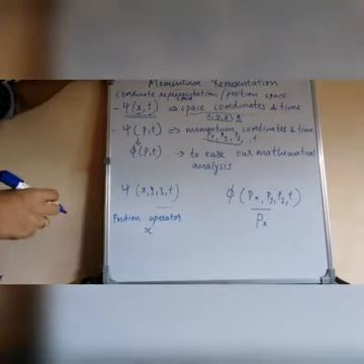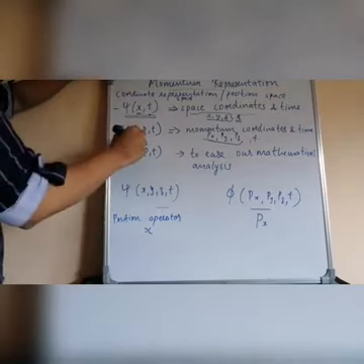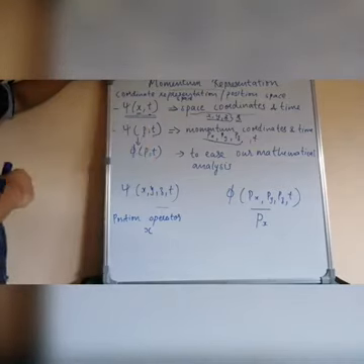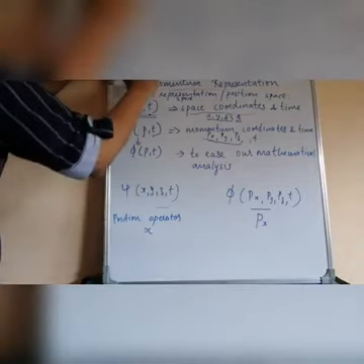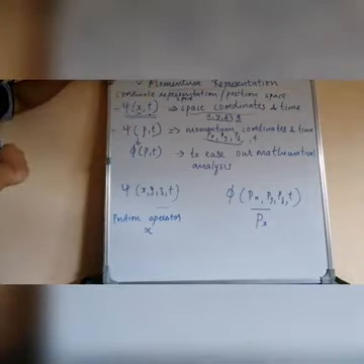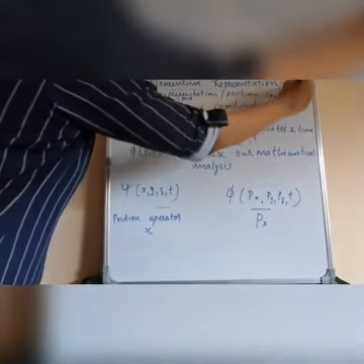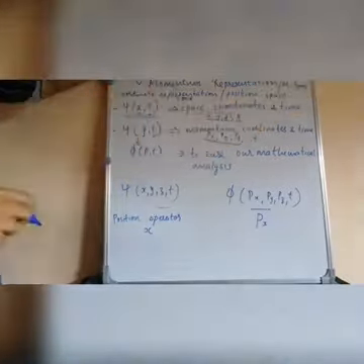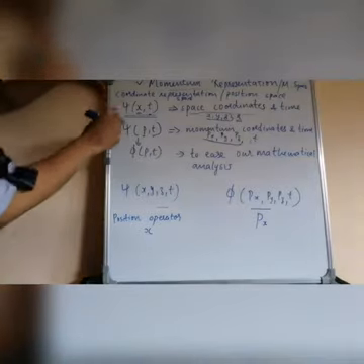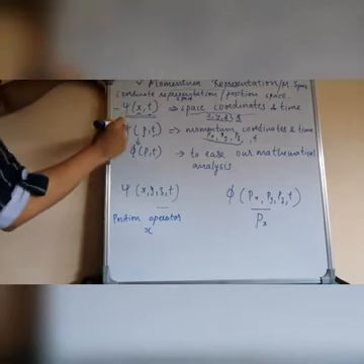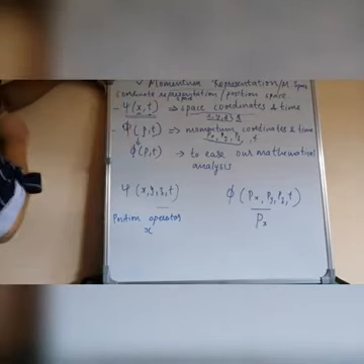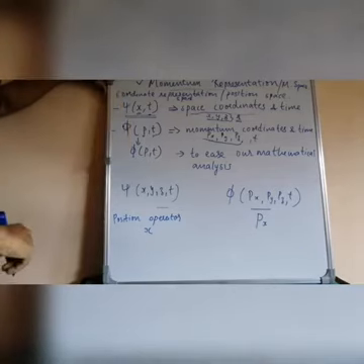So if we have such a wave function in terms of momentum coordinates and time, then we call it a momentum representation or a momentum space. So for distinguishing the functions, instead of psi we can use a different notation, that is phi.